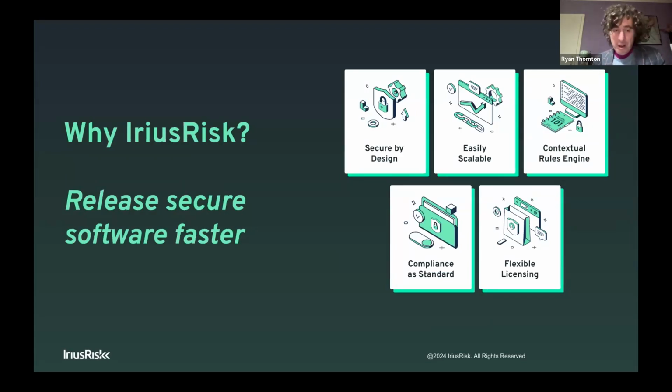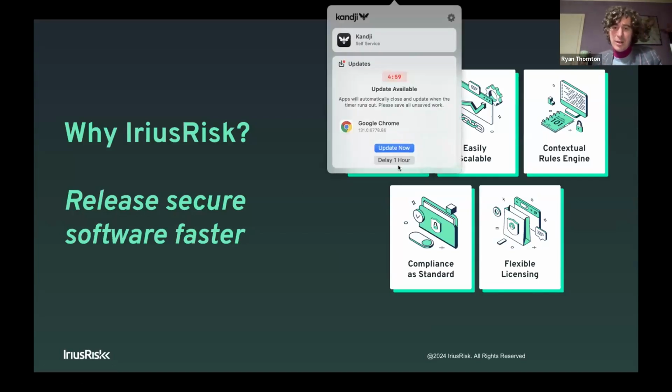But fundamentally, release secure software faster. Shift left, I know it's an oft-used term, but it really is. Let's understand the security risks before we start building, so that we can direct our pen testing or ensure that the pen testing doesn't come up.